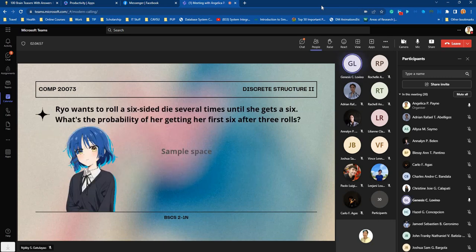Yan. Rio wants to roll a 6-sided die several times until she gets 6. What's the probability of her getting her first 6 after 3 rolls? So our sample space would be 1, 2, 3, 4, 5, and 6. Yun ating sample space. Ayan. So usually ang mga probabilities na lalabas dyan would be 1 over 6, kasi yung ating probability na makakuha tayo ng first 6 would, of course, be 1 over 6.